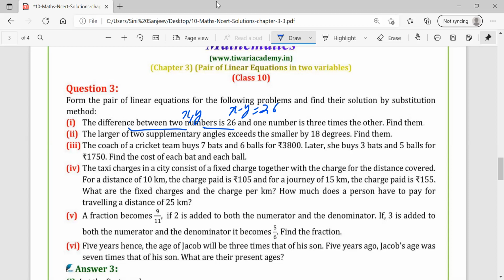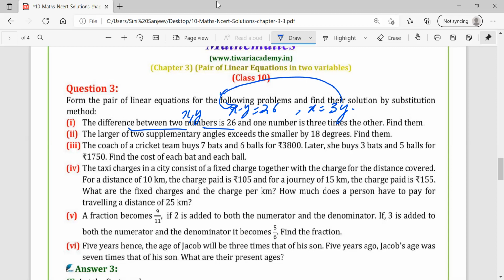One number is 3 times the other, so x is equal to 3y. A simple substitution: 3y minus y is equal to 26, so 2y is equal to 26, y is equal to 13. If y is 13, x is equal to 39.